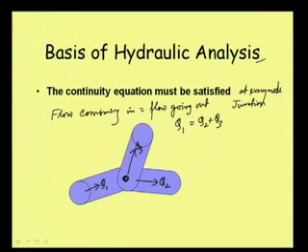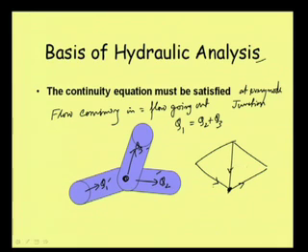And that is true not only for an inner point, but for each pipe that is a part of the network. Say if I draw a network like this, again that same simple network, then suppose at this point water is coming here, going there, and from this side it is also coming.